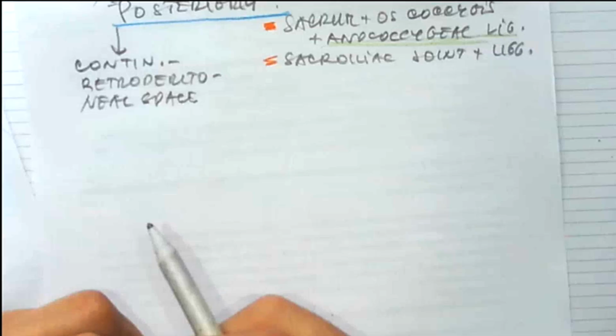And then the pudendal nerve. Then the internal pudendal vessels, artery plus vein, and also a thin sensory nerve, the nervus cutaneus femoris posterior, the posterior cutaneous nerve.